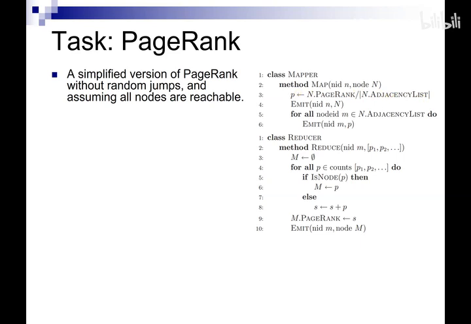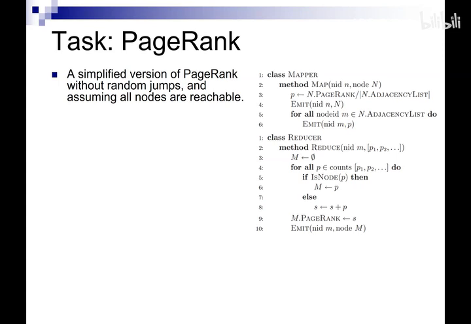So that's the amount of probability that N is going to send to each of its neighbors. And so next, for each of N's neighbors, we're going to emit one of these pairs where the key is the neighbor's name, and the value is the probability that N is sending to this neighbor M.